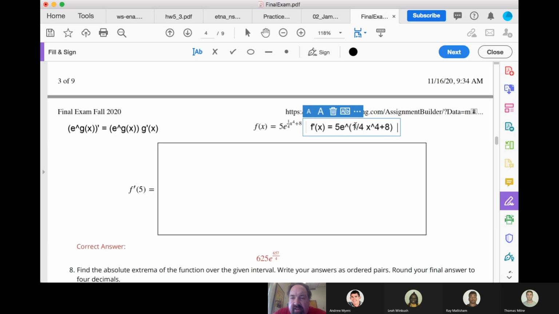And then you have to take the derivative of that exponent. So when you go to do that, a plus 8 will contribute nothing because 8 is just a constant. Then for this part, by the power rule, you'd have 1/4 times 4, that cancels out, times x cubed.